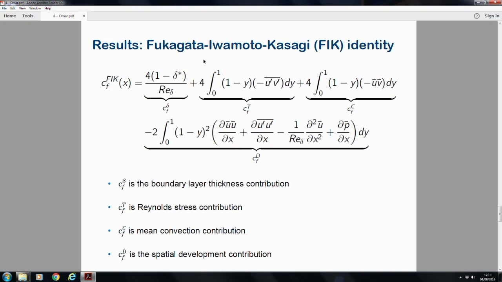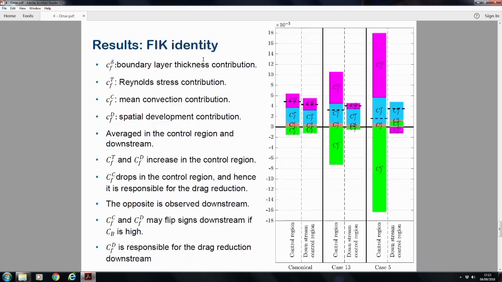We average all these quantities in the streamwise direction into two locations, the control region and downstream of the control region. And we find that the spatial development and the Reynolds stress contribution increase dramatically in the control region.